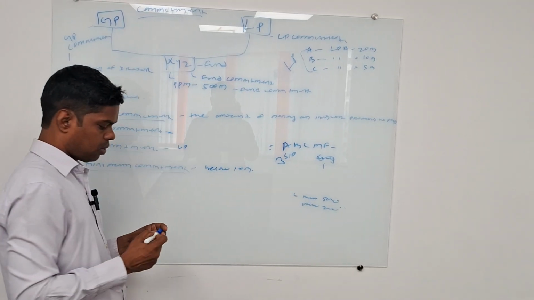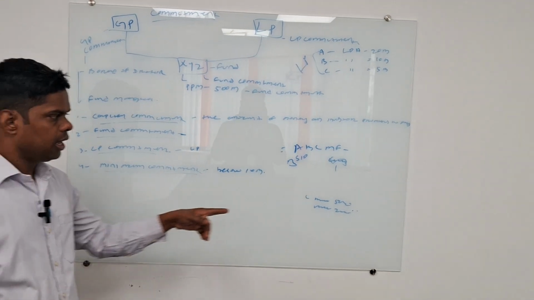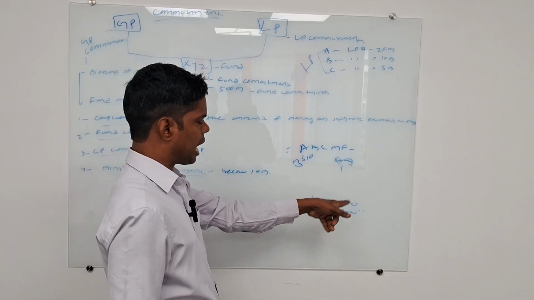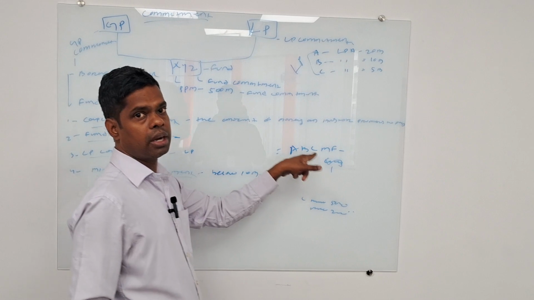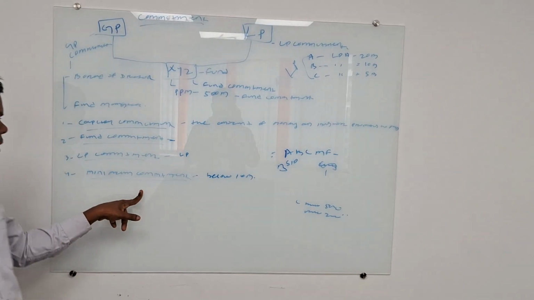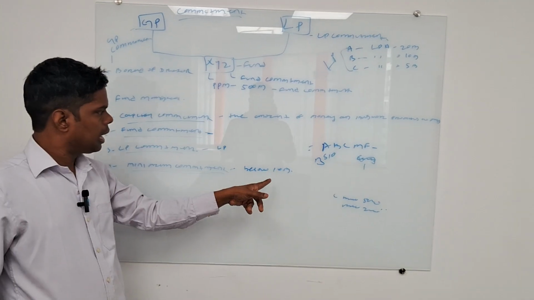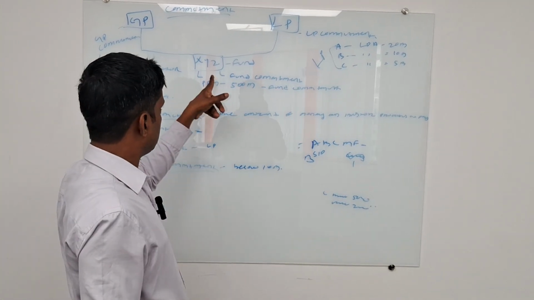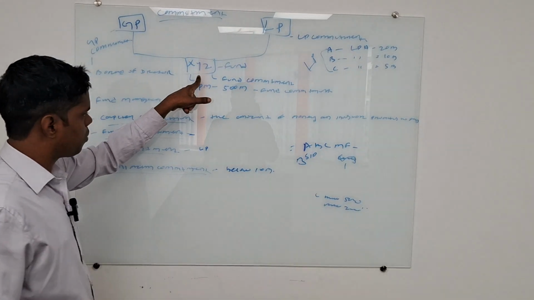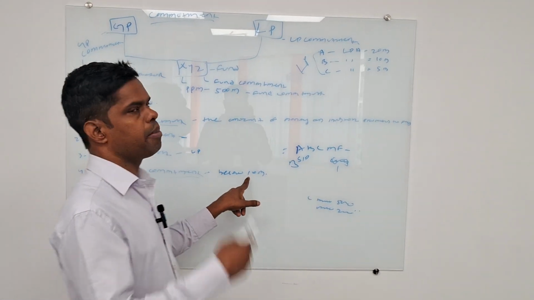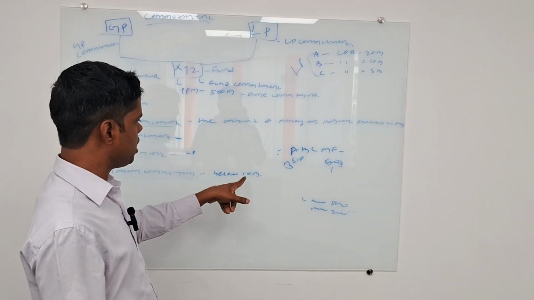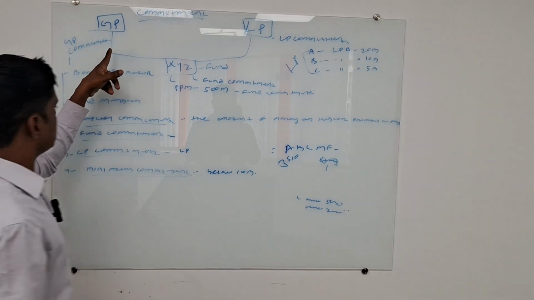This is the minimum amount or minimum commitment. If you don't pay that amount, you are not allowed to invest in this particular mutual fund. The same thing applies here: the minimum commitment is decided by the GP. If any investor would like to invest in this particular fund, they need to pay 10 million or above. This is the minimum commitment.